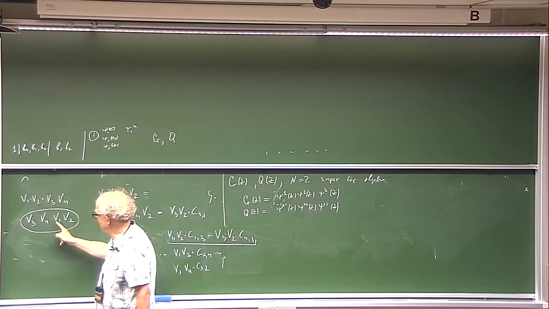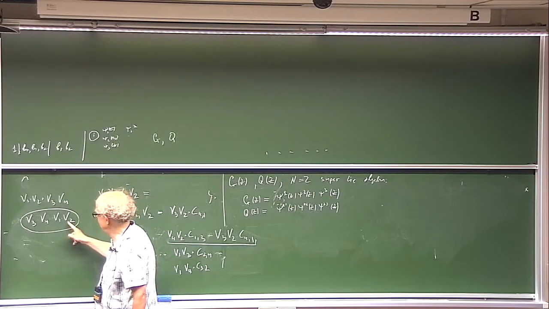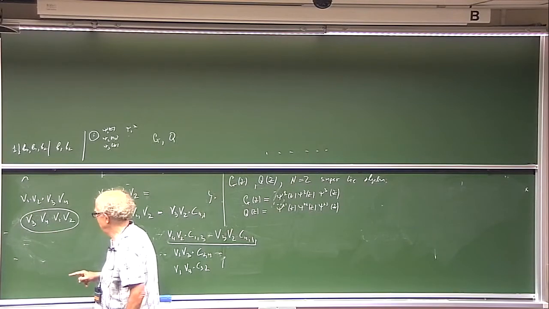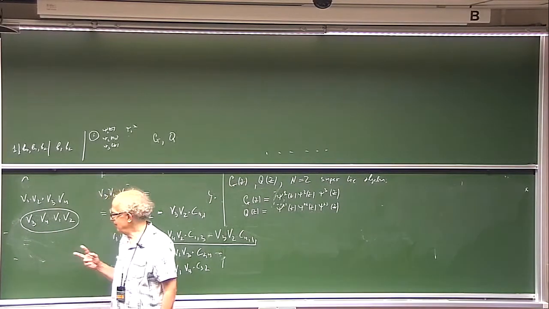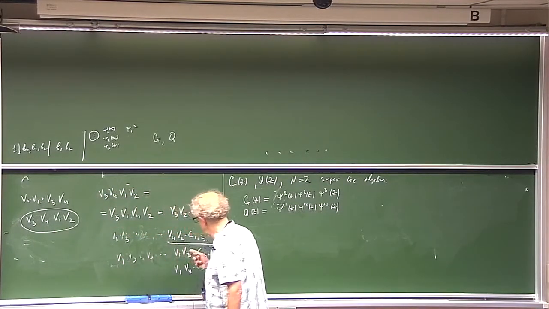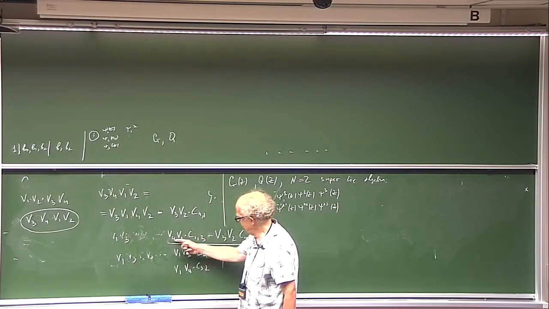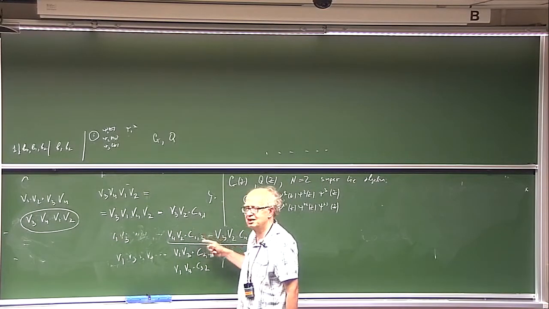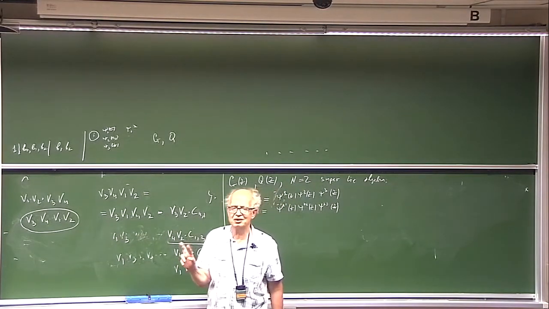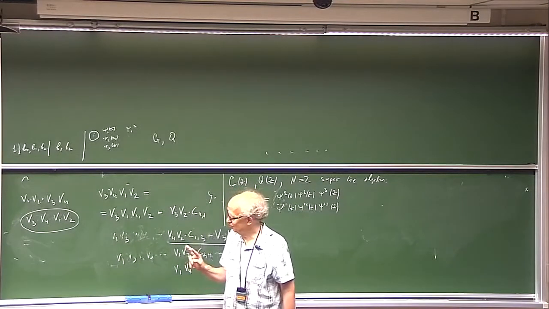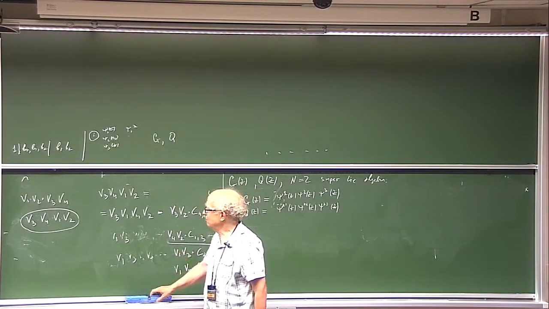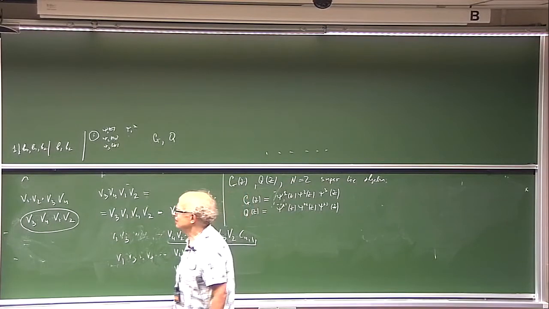And 1 is going through 3 and 4, and 2 is going after that through 3 and 4 also. Yes, and then the result will be the sum of quadratic expressions like this, and with the remaining scalar product of elements.